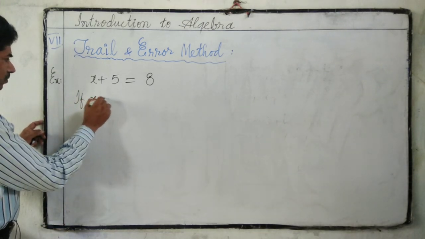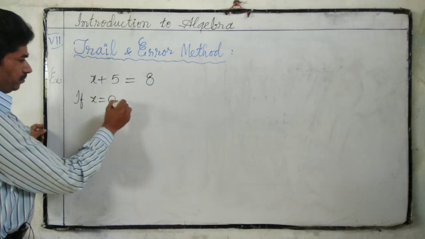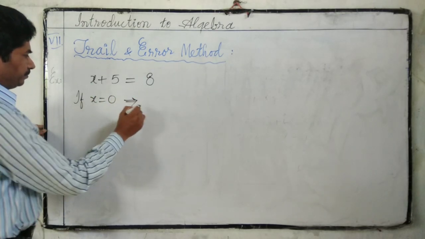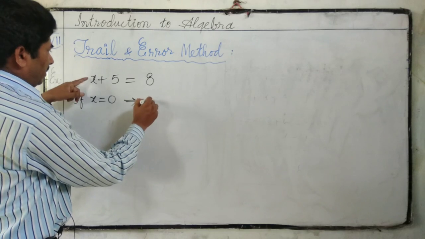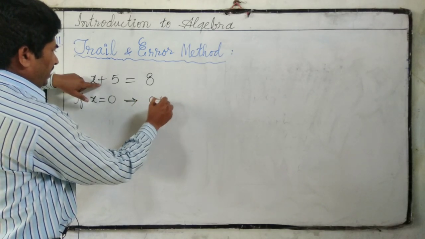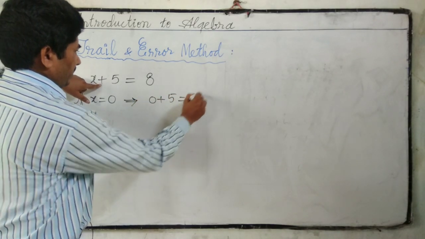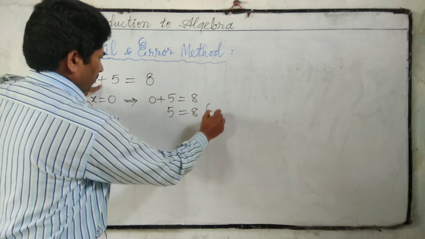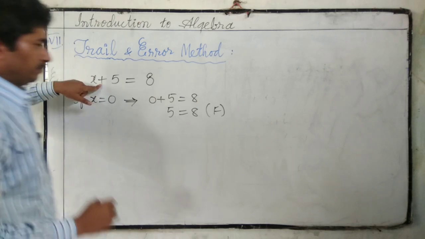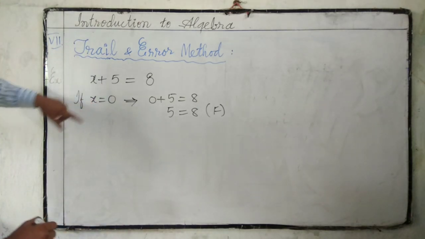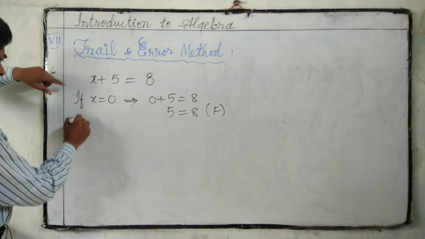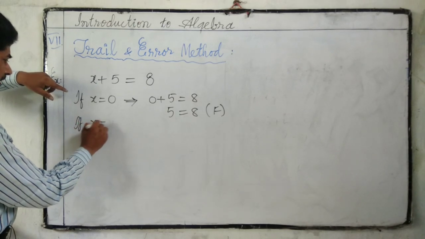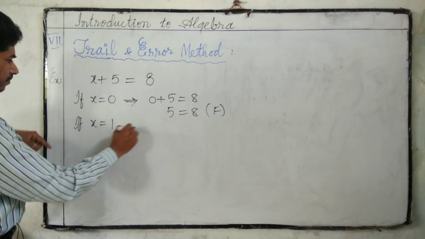If x is equal to 0, then 0 plus 5 is equal to 8. 5 is equal to 8. False. Next, we can try x is equal to 1.